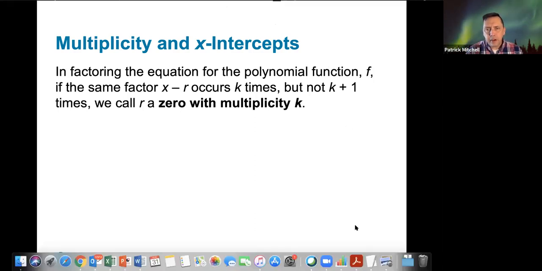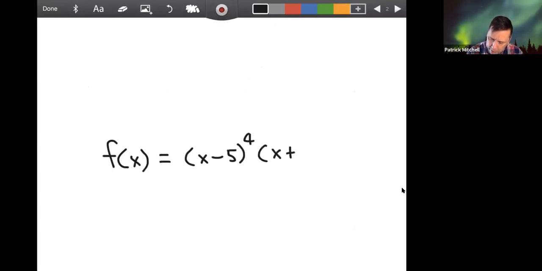Okay, very, very simple concept. Suppose that f of x was (x minus 5) to the power 4 times (x plus 1/2). So multiplicity is really just the exponent that appears on the corresponding factor, all right?